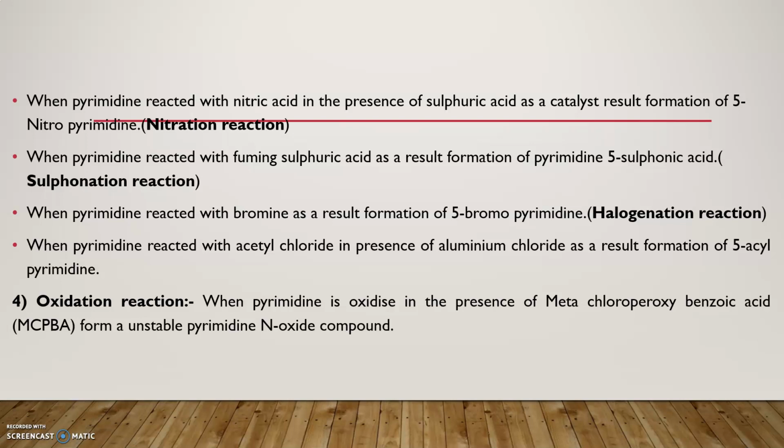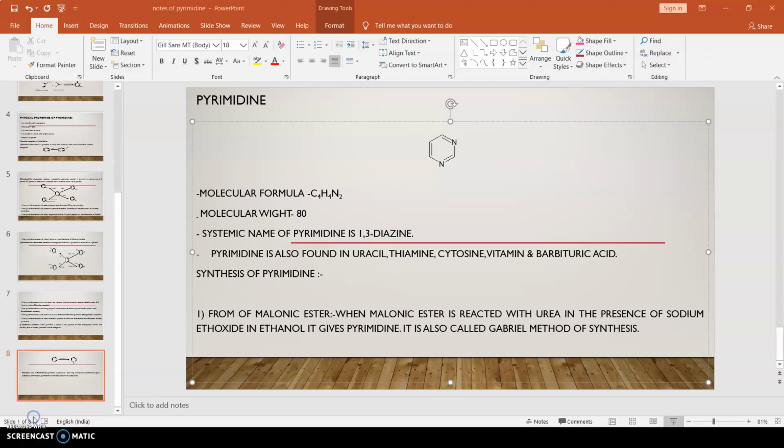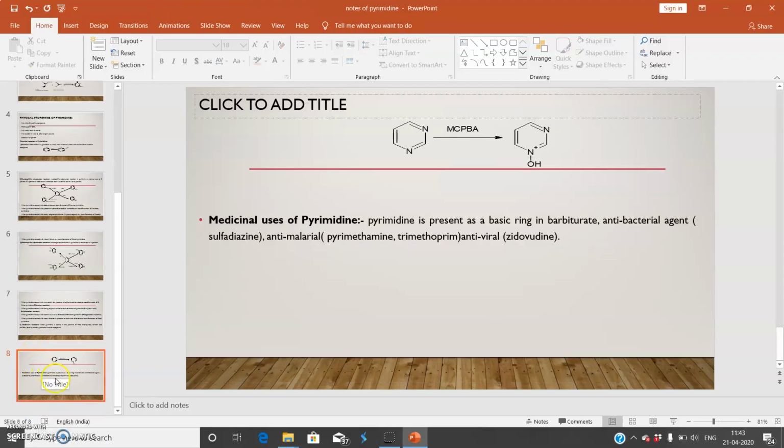It forms an unstable compound, pyrimidine N-oxide. That is all about the various chemical reactions of pyrimidine.